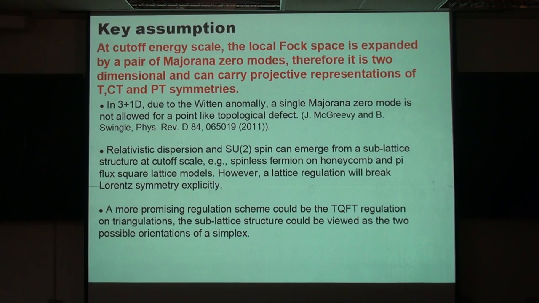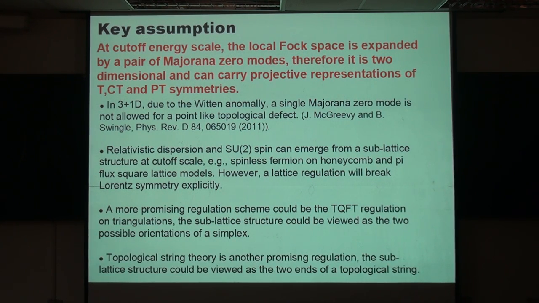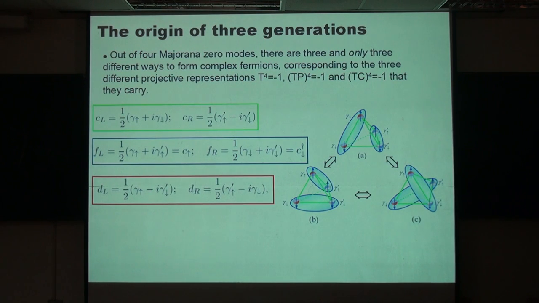Let me skip this comment because of the limitation of time. Let me just show you that this kind of picture will indeed lead to a natural way to compute the mass mixing matrix. The cartoon is like this. At a certain scale, you need to confine these Majorana zero modes to make a point-like particle.